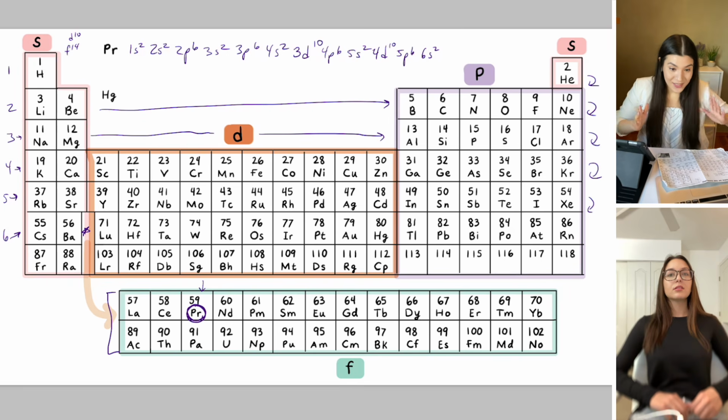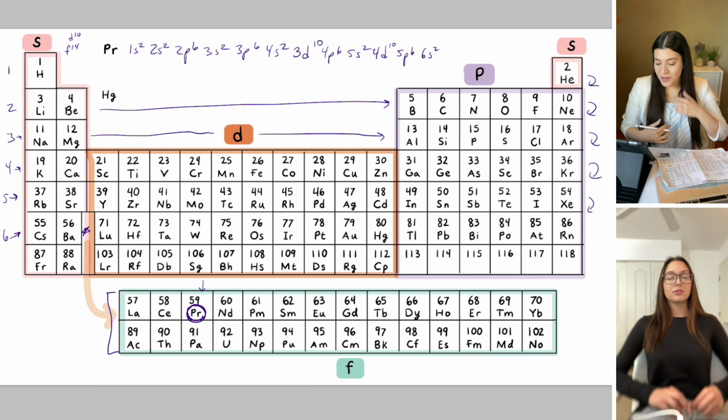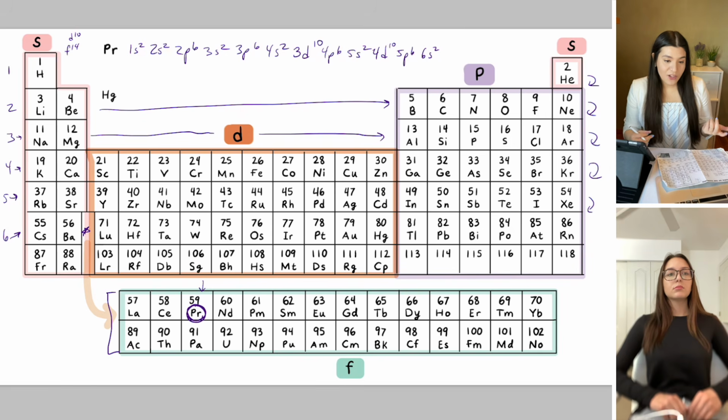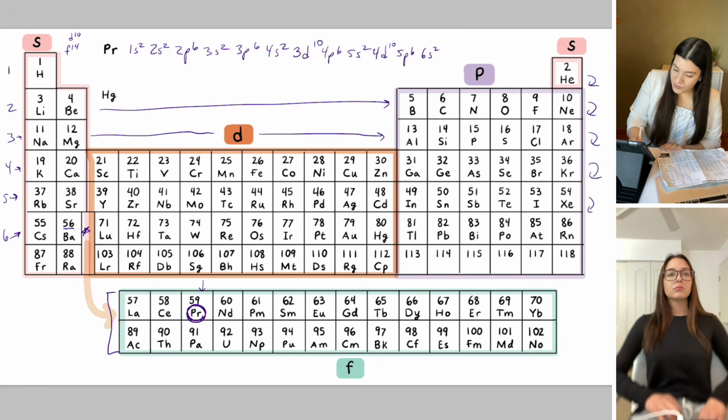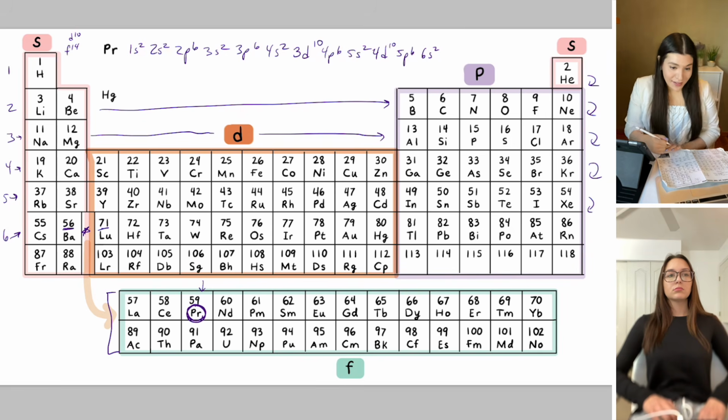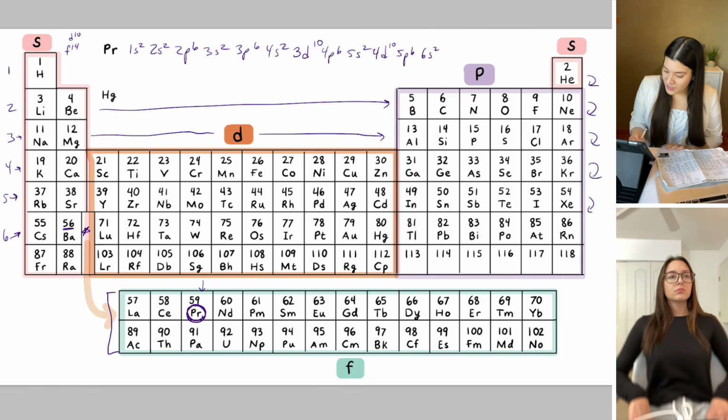It has to do with properties, but unfortunately, that's how the periodic table is designed. So a clue here is just looking at the atomic numbers. Seeing that this went from 56 to 71, that's not the right counting. From 56 to 57 should make more sense. So that's why we have to stop here.